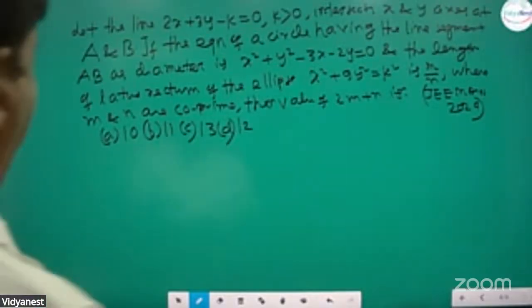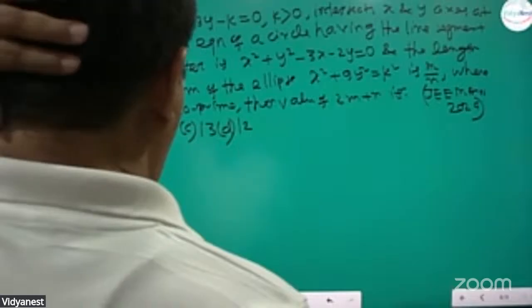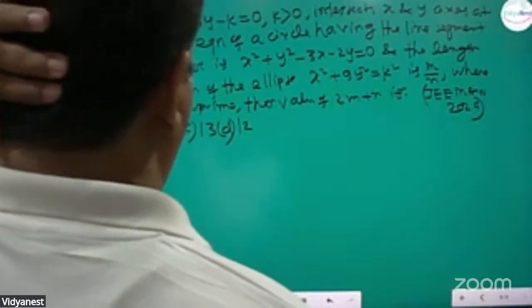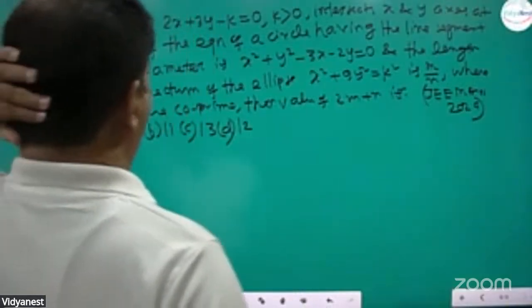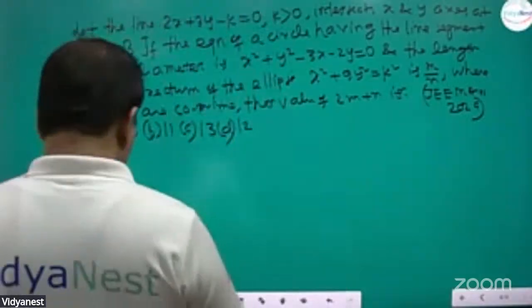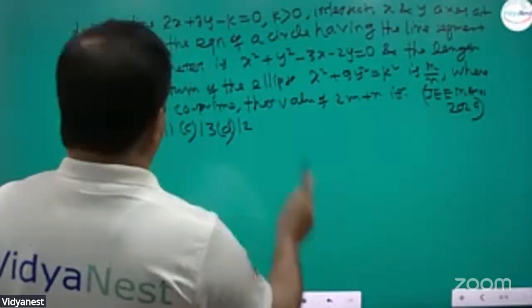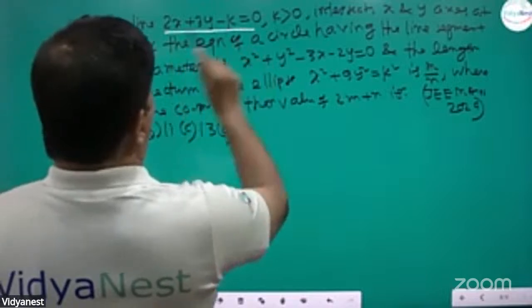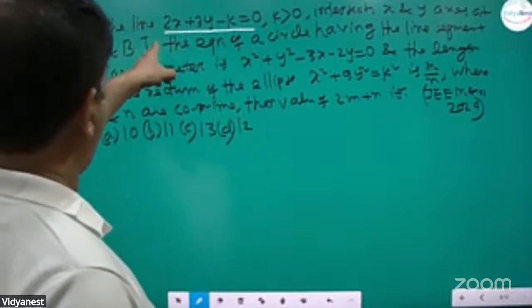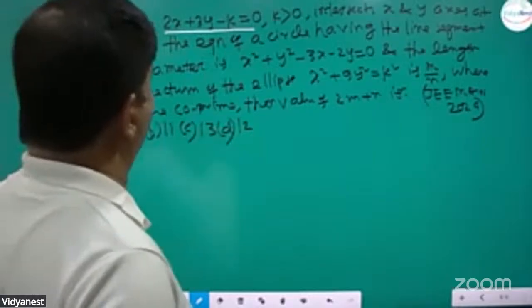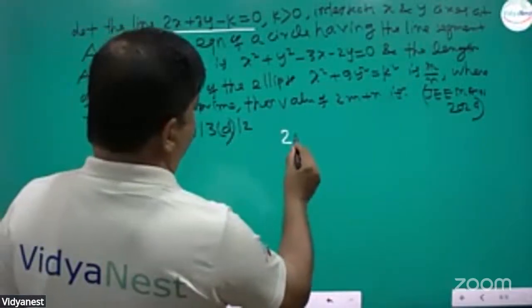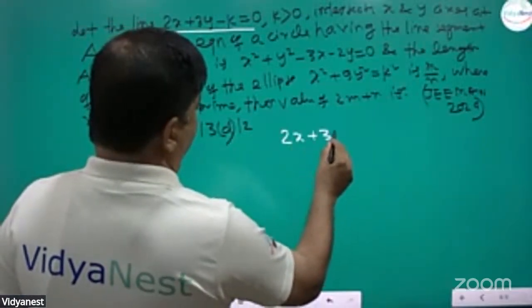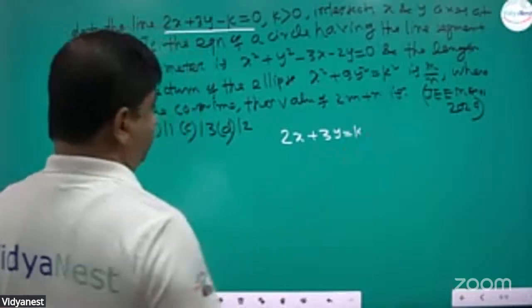Now, first you observe that the first line gives you what? 2x plus 3y is equal to k.